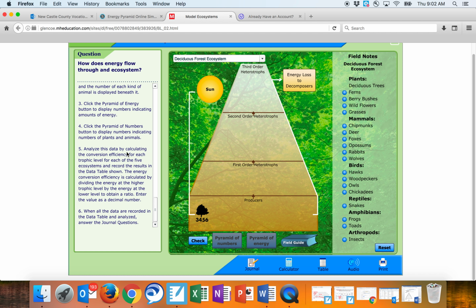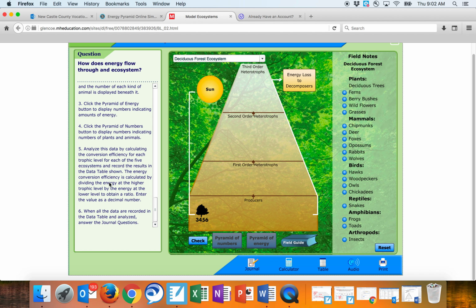So analyze the data by calculating the efficiency is what you're doing. The energy conversion is calculated by dividing the energy at the higher trophic level by the energy at the lower level to get a ratio. All right, and you can change that to a percentage of how much is going from one to the next.